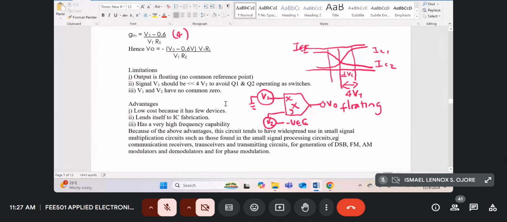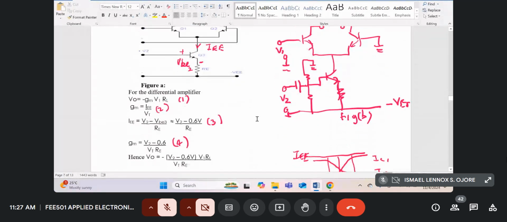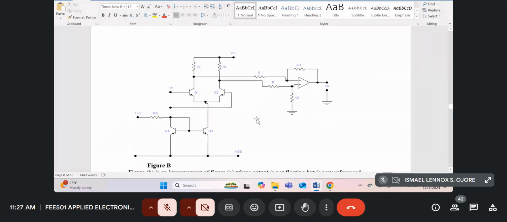Okay, so let's see how we can improve on this very basic multiplier. A simple improvement is to use this circuit over here. The difference amplifier comprising Q1 and Q2, the output goes to a difference amplifier.